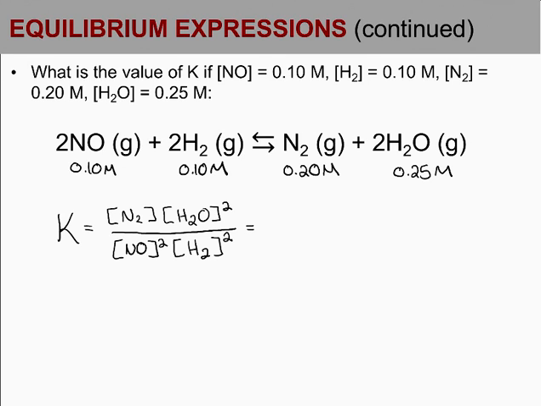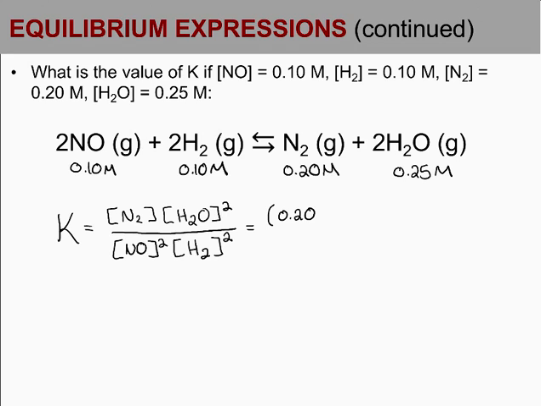Okay, so we're going to plug in the concentration for N2. And I'm going to leave out the units here because typically the equilibrium constant, very tongue-tied today, typically K doesn't have units. We tend to leave the units out because otherwise we end up with some very strange units.